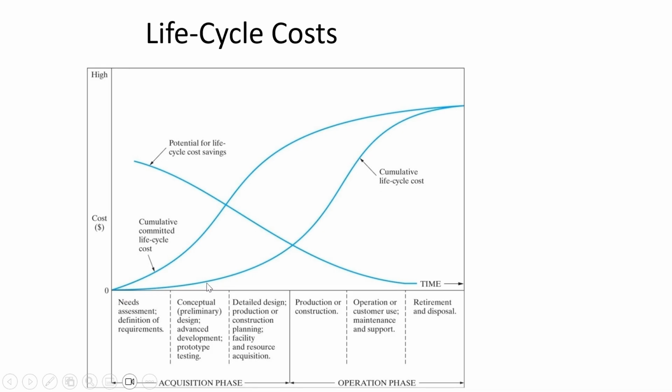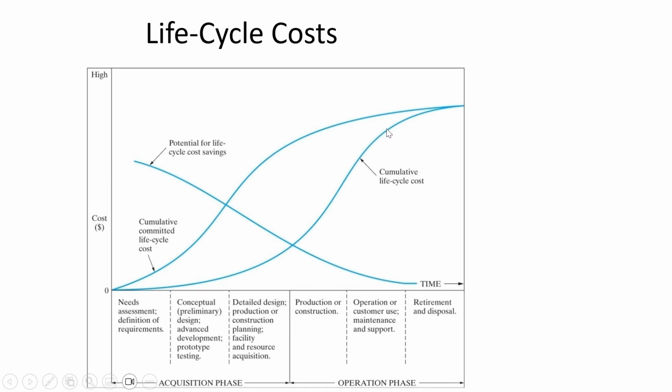So what they're both showing is the steeper this line is, the rate of money spending is the highest. So if it's a machine, maybe you're spending the most money during the operation phase, or during the construction phase. So this building, most of the cost of this building, the entire life cycle cost, which includes the maintenance, the design costs, and the construction costs, most of the cost of this building occurred during its construction.